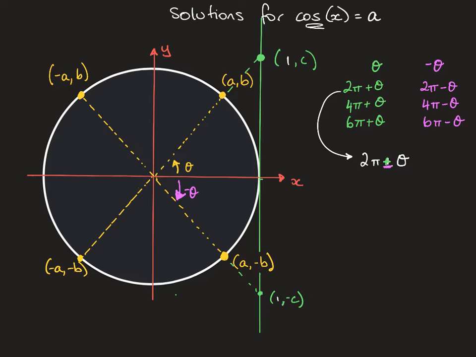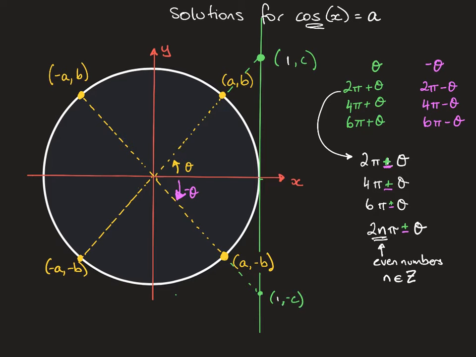As a shortcut way of writing the two solutions, we can do the same with 4 pi and theta, 6 pi and theta. So what we've got to generate here are even numbered coefficients for pi. And to get even numbers, we multiply by 2. So we're going to have our counter n again, and this time we're going to multiply our n values by 2. That will give us our even numbers.